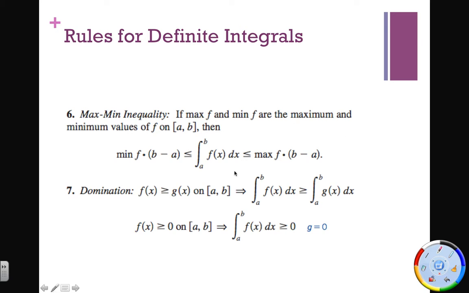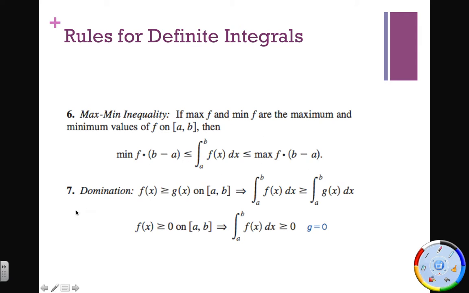And there's some things that we're going to be doing with this, showing that the integral here is going to be between two numbers, which can basically say, hey, what's the integral here? Well, the integral could be between -2 and +1. All right, showing max and min.